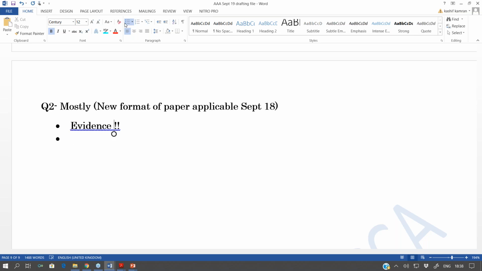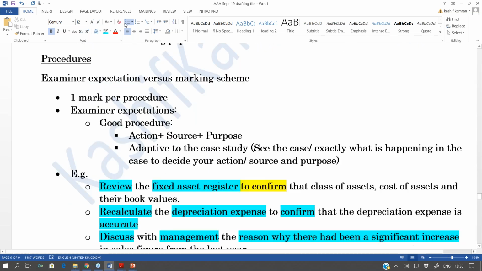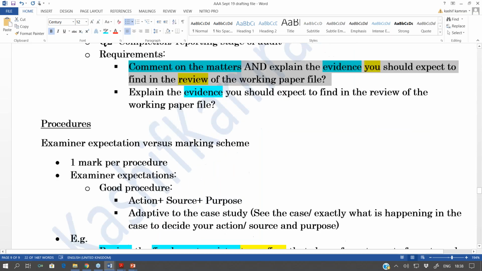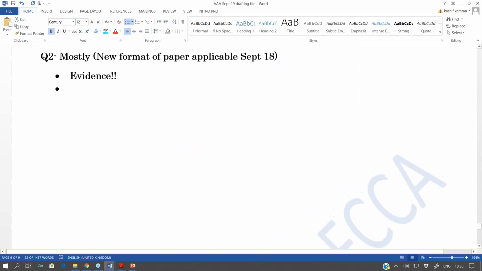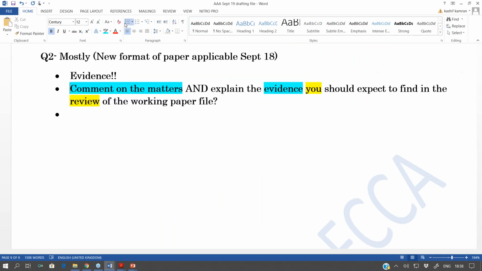The requirement of this question would be: comment on the matters and explain the evidence in the working paper file.